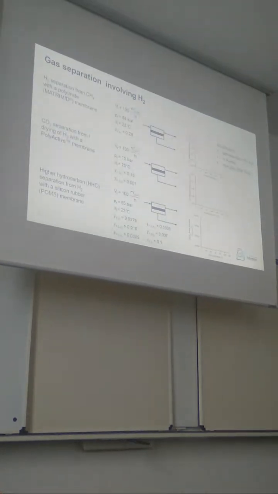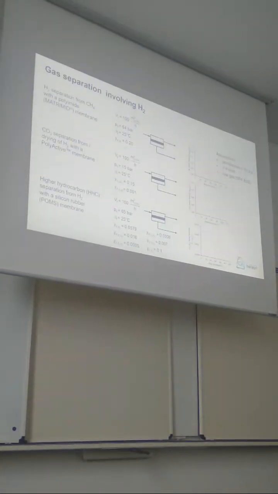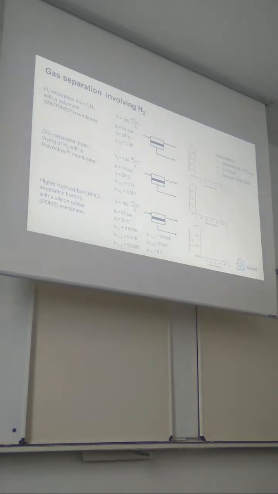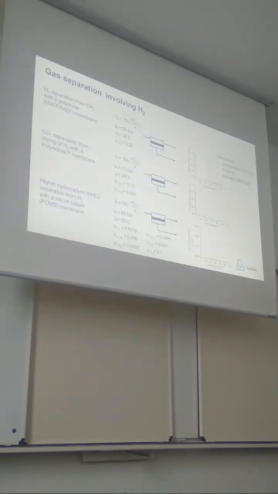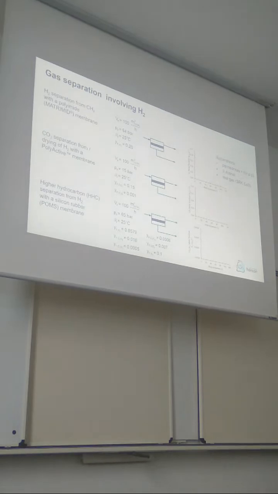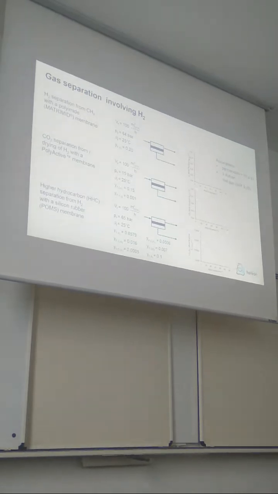But you might also have a gas stream that contains hydrogen and carbon dioxide. And then there are carbon dioxide selective membranes that would allow you to separate the carbon dioxide from the hydrogen. So you see a dropping carbon dioxide profile.